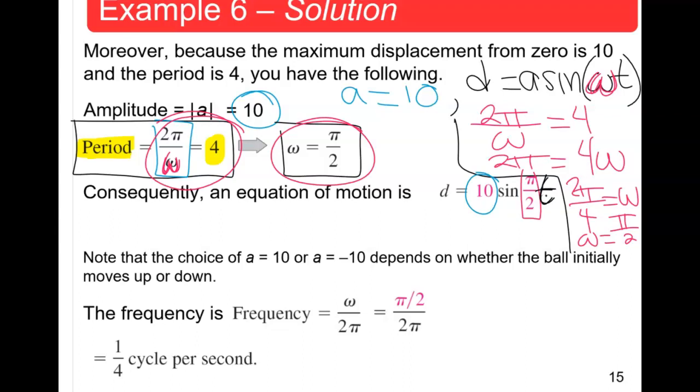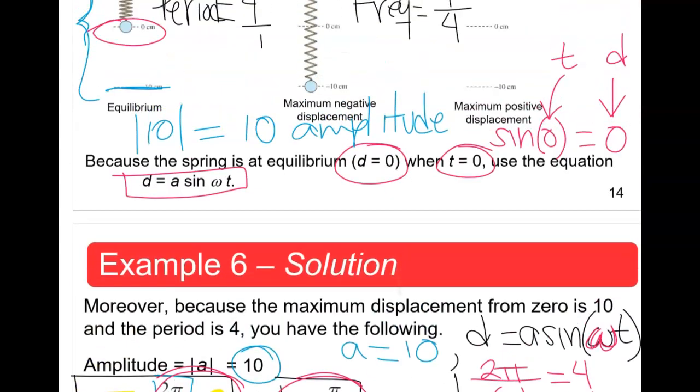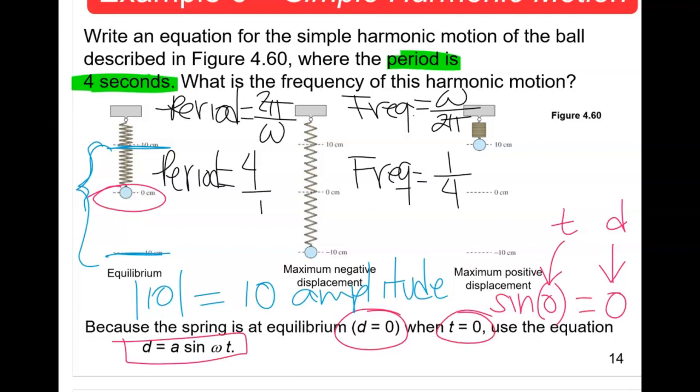So it says here that A will be positive 10 or negative 10, depending whether the ball initially moves up or down. And I do kind of disagree with the answer on the PowerPoint here, because from the image, they are telling us that if we follow from left to right, the ball moved down and then up.